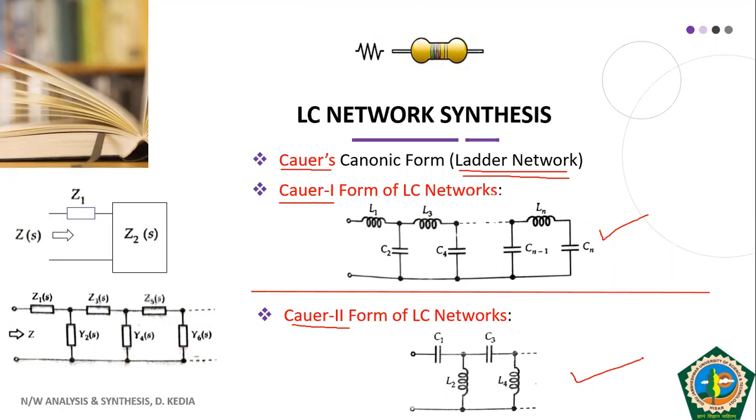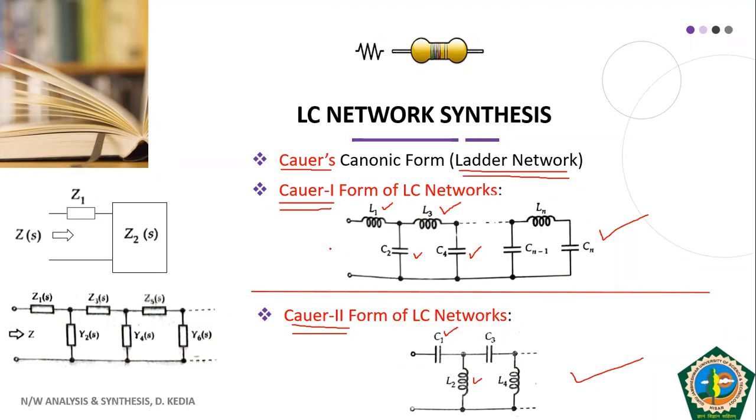Okay. So here first let us have a look at Cauer 1 form of LC network. So in Cauer 1, what we will have? We will have L1, then C2, then L3, then C4, and so on. Okay. And in Cauer 2 form of LC network, your L and C will be interchanged. So you can see here that instead of inductor we have a capacitor, then instead of capacitor we have an inductor.